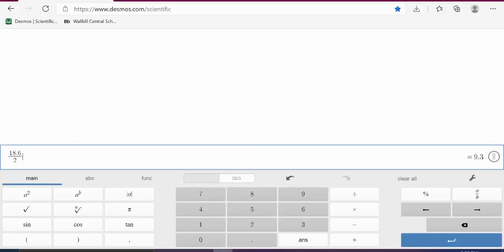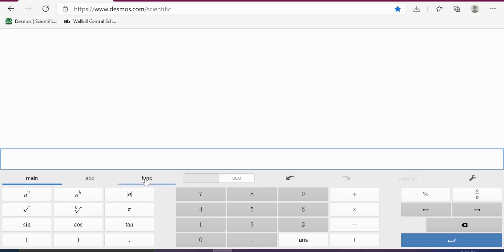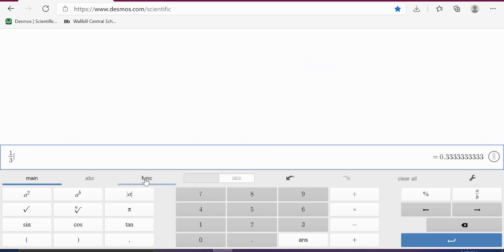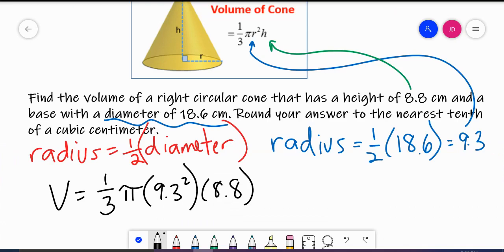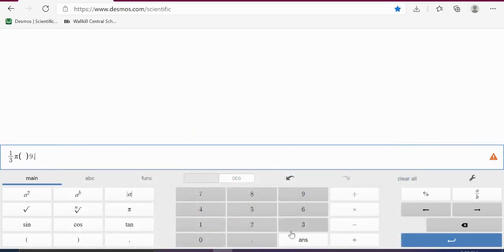Calculator: 1/3 pi. Parentheses, 9.3 squared. Close the parentheses and then open up another parentheses and put in 8.8.